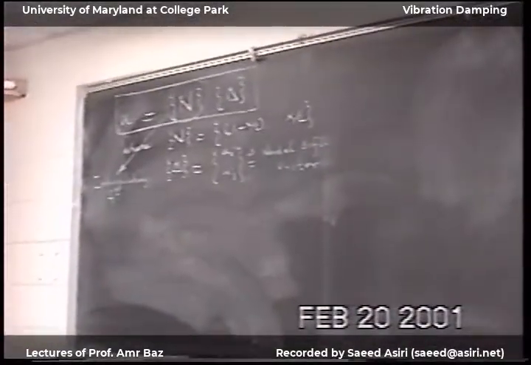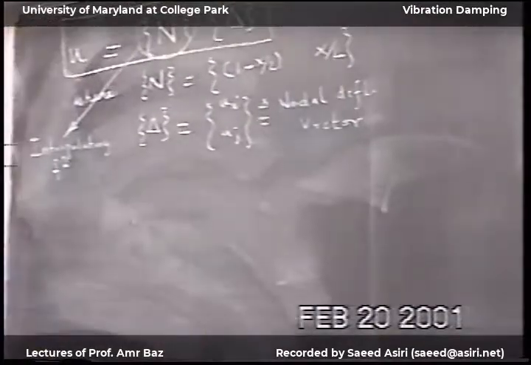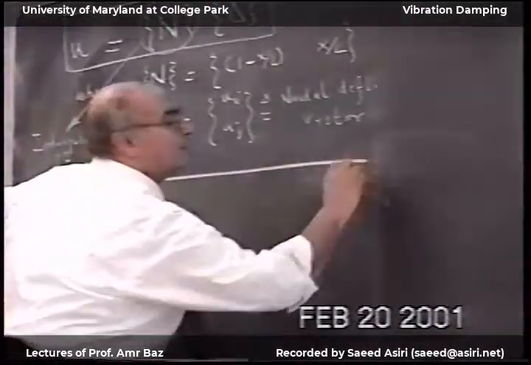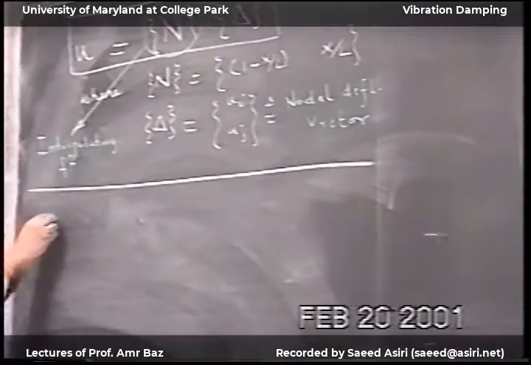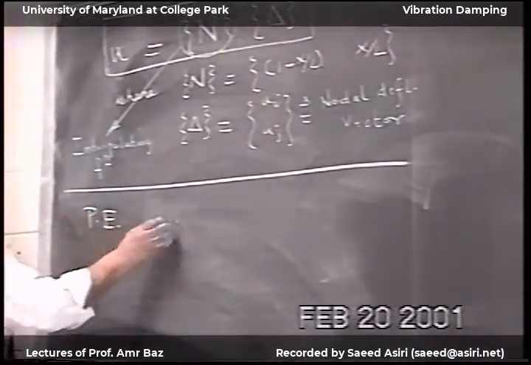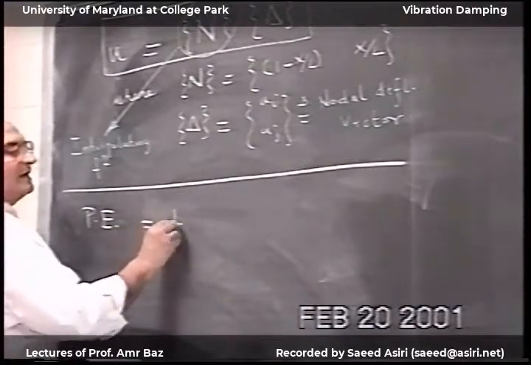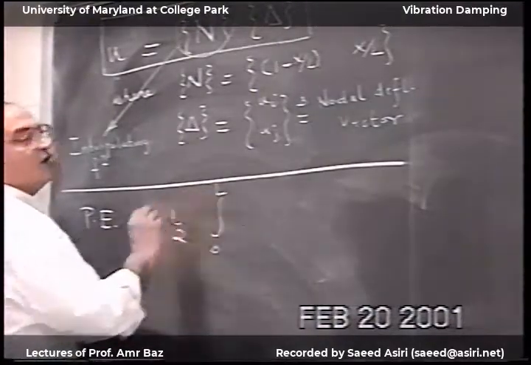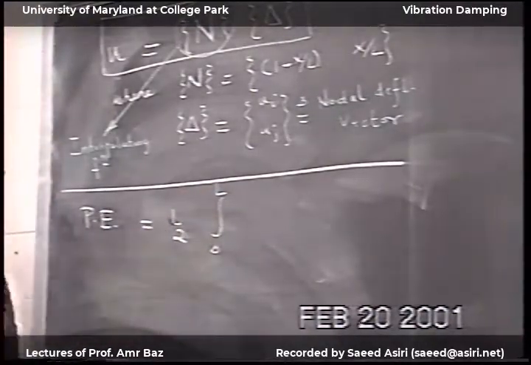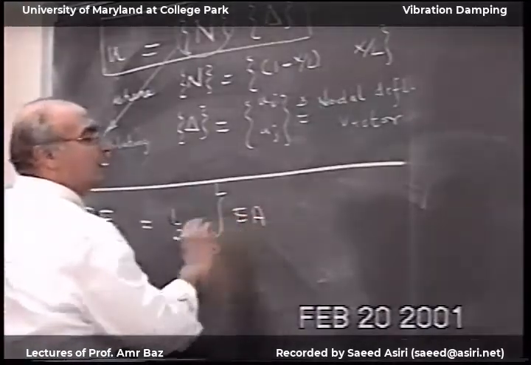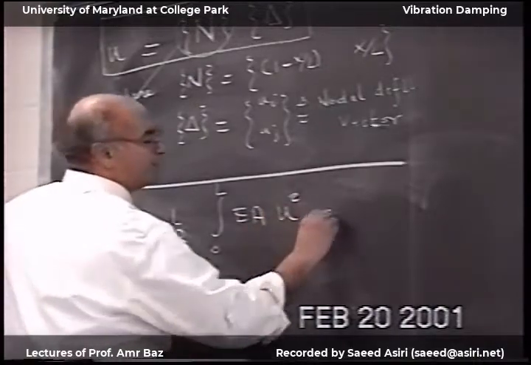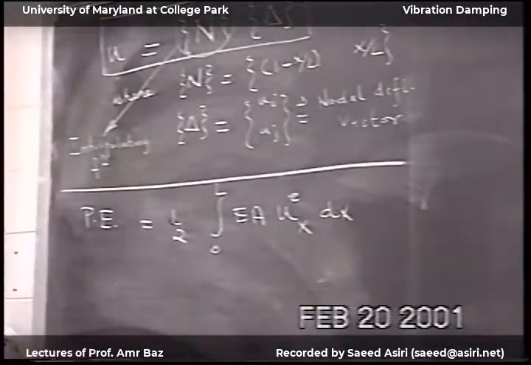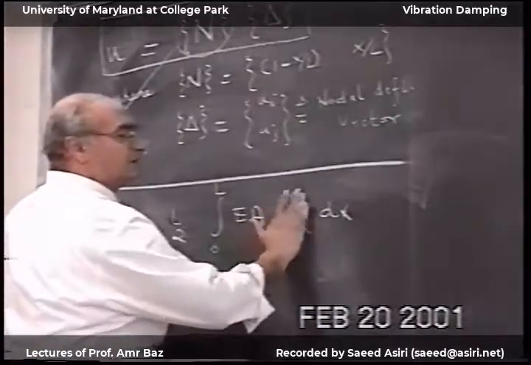So now I want to write down the description of the finite element. Then we'll put the potential energy, kinetic energy of the element. The potential energy is equal to 1/2 the integral over the element of EA and then u'(x) squared dx. And of course this, I can write it like this.